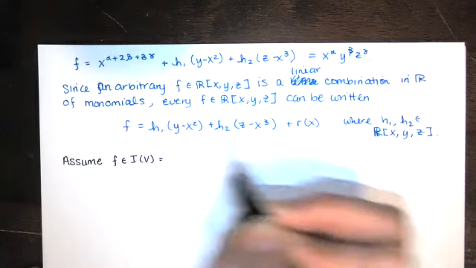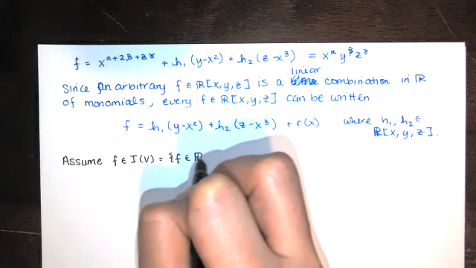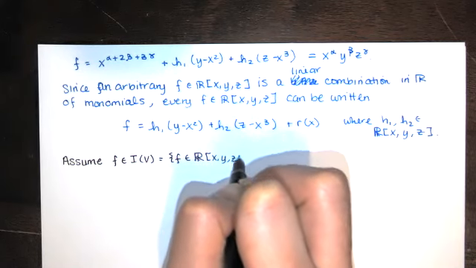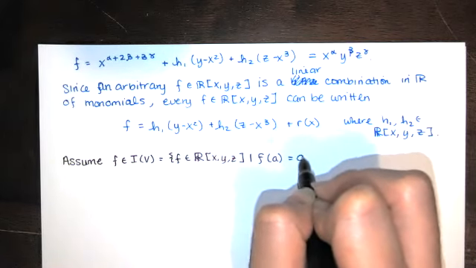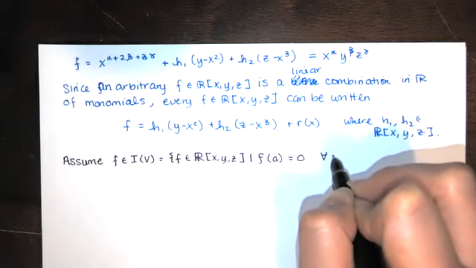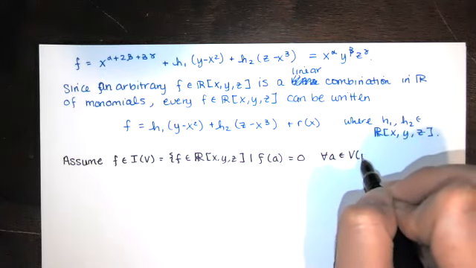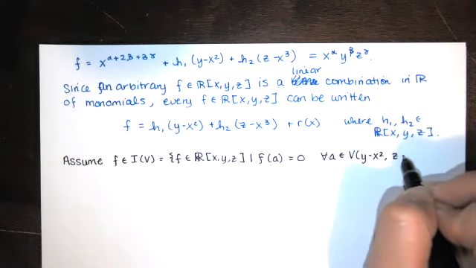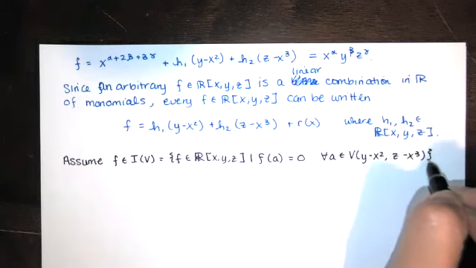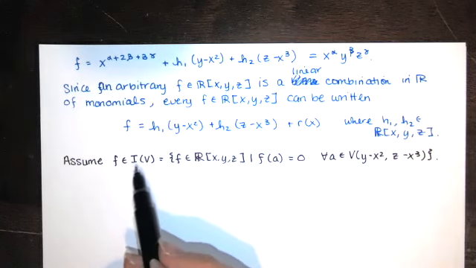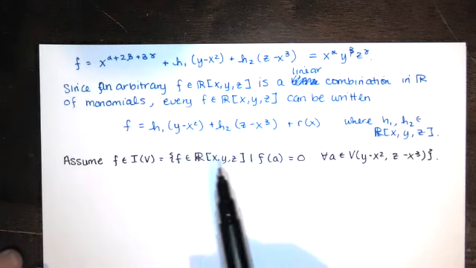Now remember what the ideal of the variety is. This is the set of all functions in our polynomial ring, the particular polynomial ring we're interested in, such that f of a is equal to 0 for all a in the variety V. And the variety V was defined by y minus x squared and z minus x cubed. Well, since f is in I of V, we know that it belongs to our polynomial ring.